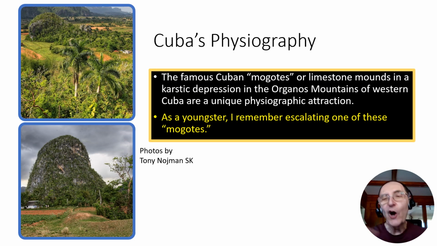There are some iconic physiographic landmarks in Cuba in the western area, in the area of the Organos Mountains. These are the famous Cuban mogotes, or limestone mounds in a karstic topographic depression. As a youngster, I remember climbing one of these mogotes.